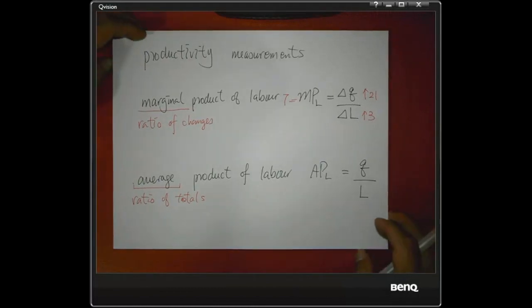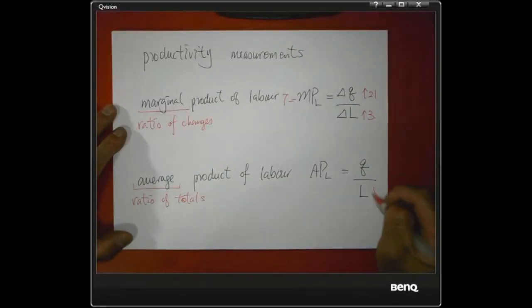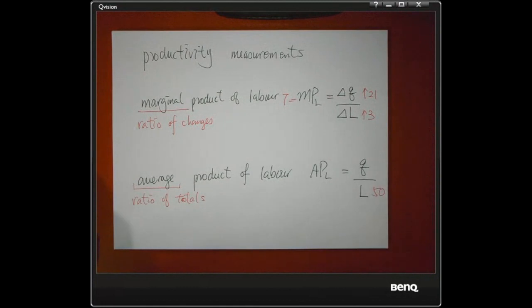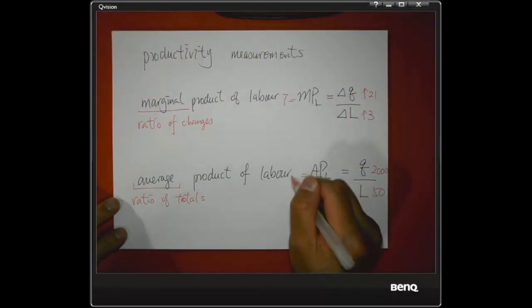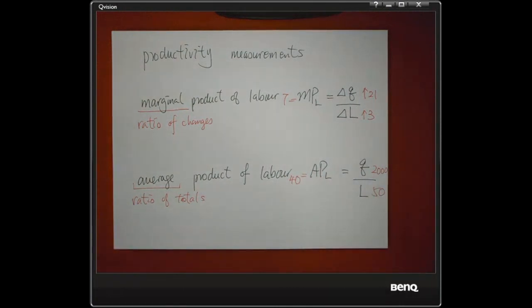For example, in your factory, if you hire 50 workers and you produce 2,000 units of output, then on average, each worker produces 40 units of output. So these are the 2 productivity measurements. One is about changes. One is about total.